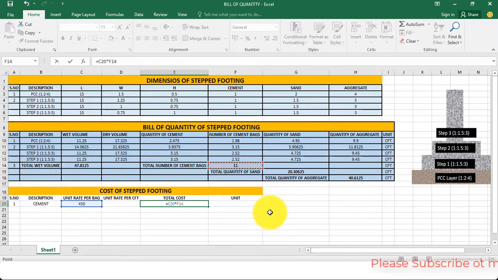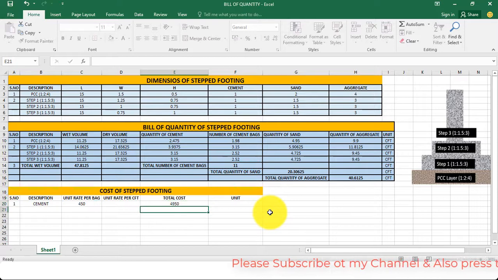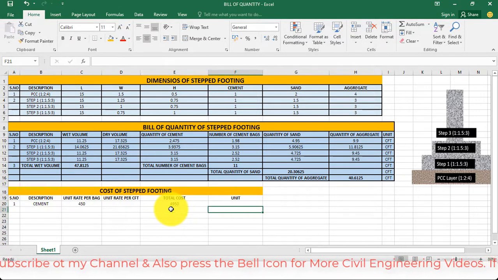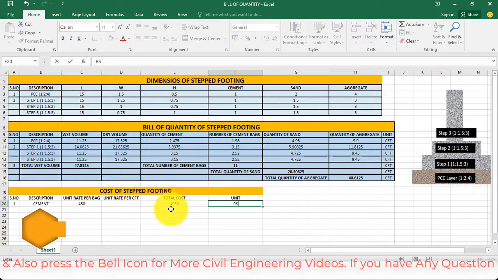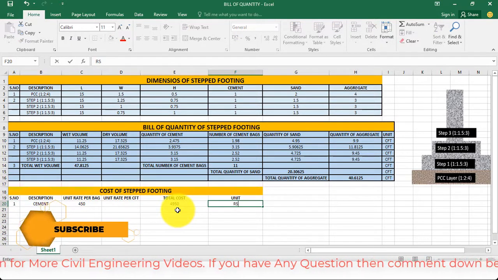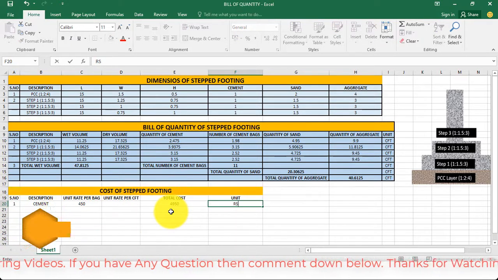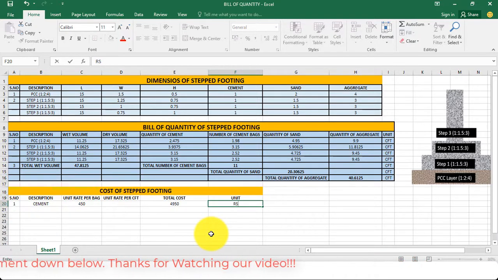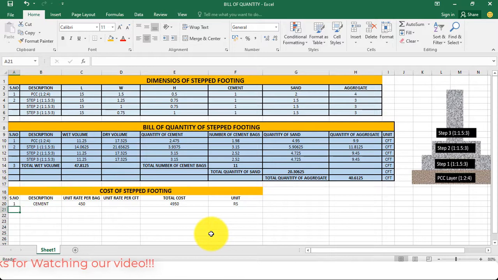And the total cost of 11 cement bags will be equal to 4,950 rupees. Okay. So the total cost of 11 cement bags is 4,950 rupees.